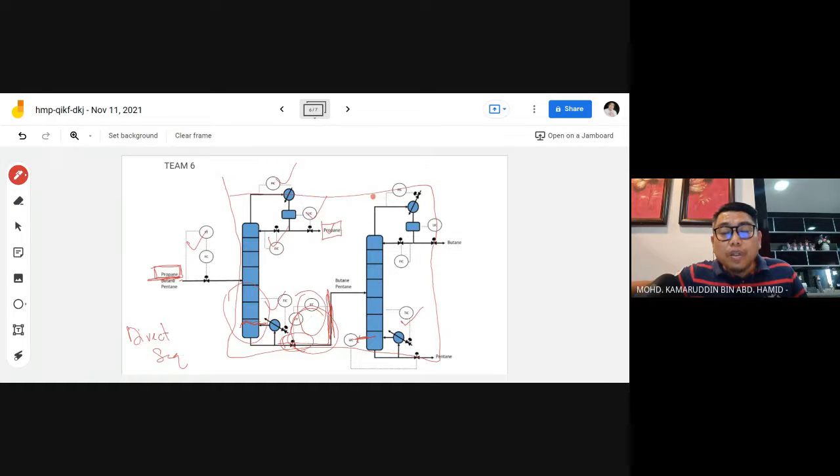You manipulate the cooling water flow rate to the condenser to maintain the pressure at the top. That's right. To maintain the top mass balance by controlling the level of the reflux drum and maintaining the reflux ratio by controlling the reflux flow rate. Okay. All right, team number 6, do your correction on this.